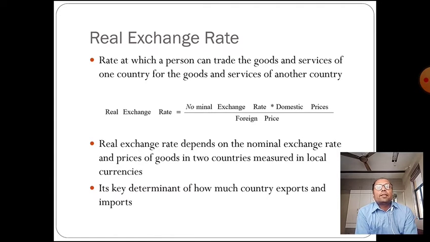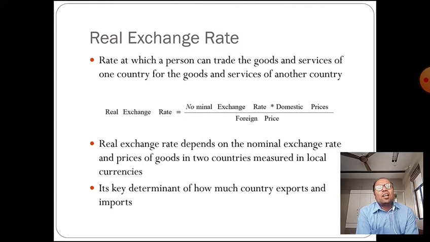So that price difference along with the nominal exchange rate is affecting what you call the real exchange rate. So the formula for real exchange rate is nominal exchange rate multiplied by domestic price divided by foreign price. It means real exchange rate depends on the nominal exchange rate and the price of the product in two different countries.